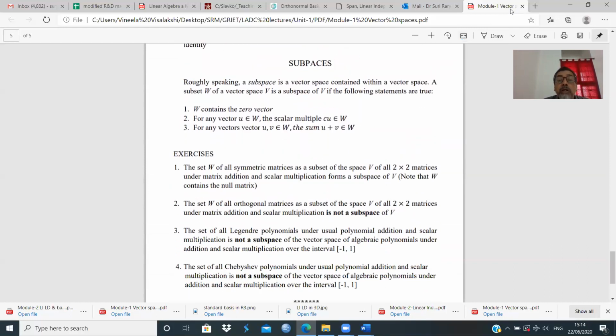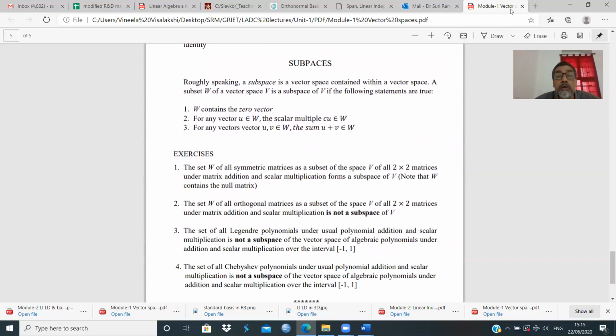Now here is a very small introduction to subspaces. A subspace of a vector space is to be understood through 3 points. Basically, if W is a subset of V, then W should contain the 0 vector. That's a very, very important necessity.